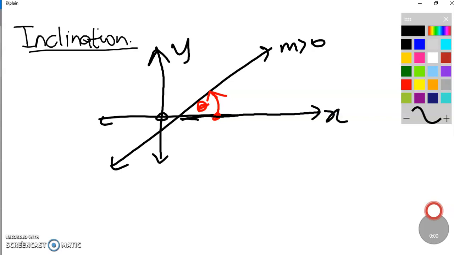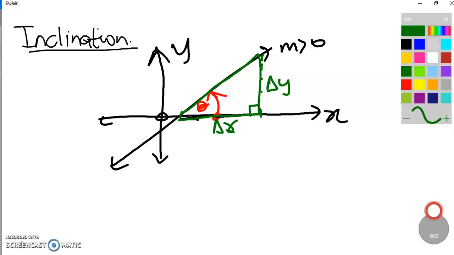After extending this line, I can draw a line that is vertical upwards, and this line is perpendicular to the x-axis. So now we have a right angle triangle here. In this right angle triangle, we can calculate the gradient of the line. The gradient of the line will be the change in y over the change in x.